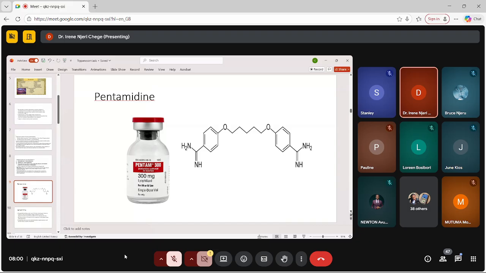It does not cross the blood-brain barrier. It is less effective for West African trypanosomiasis. So when you see suramin, remember the East African form of the disease. Mode of action is unknown.